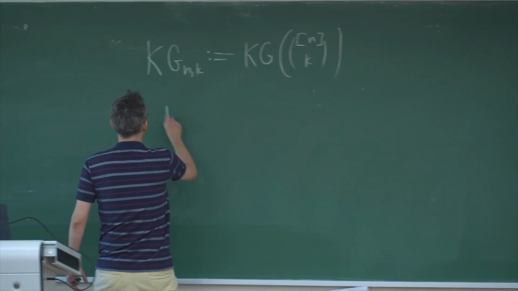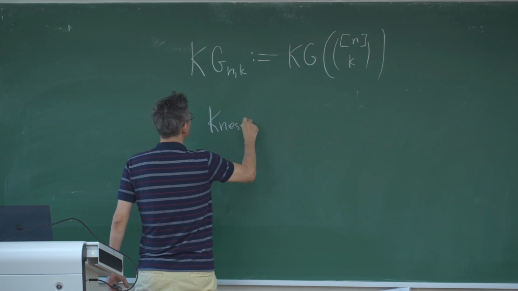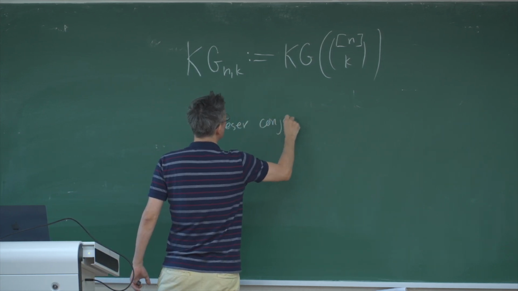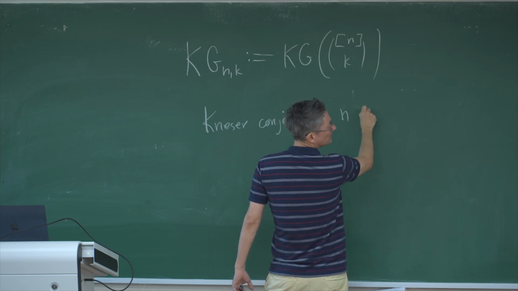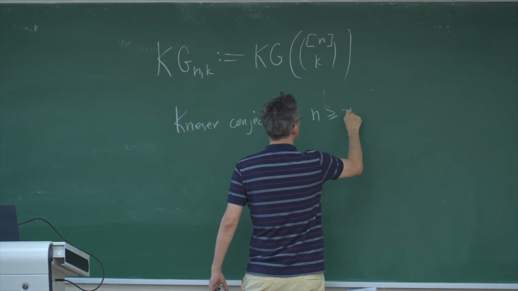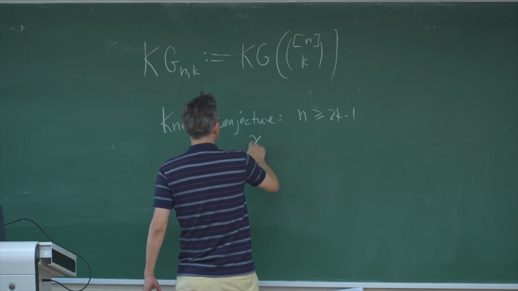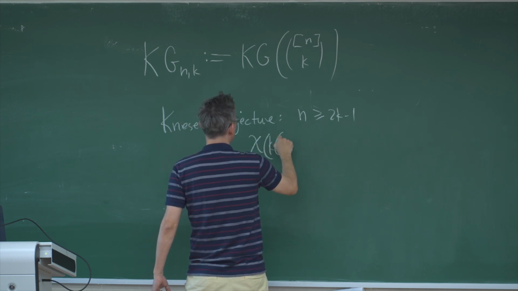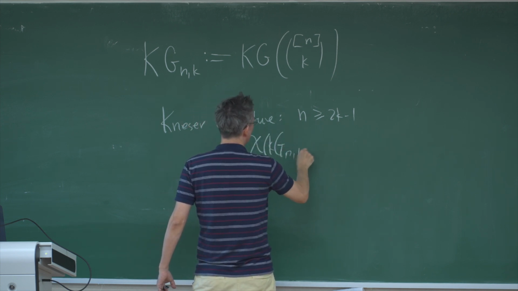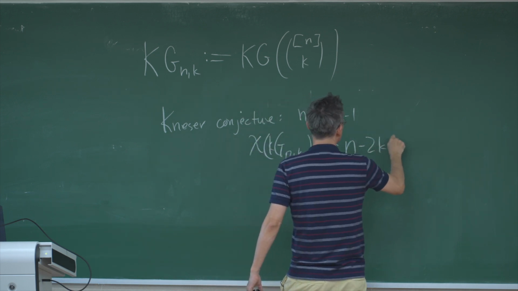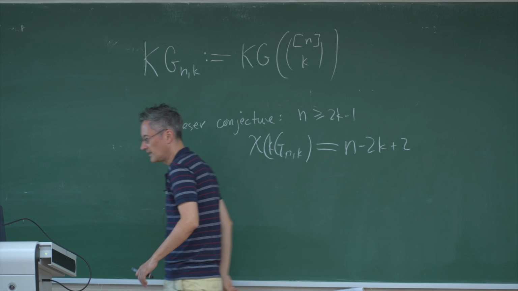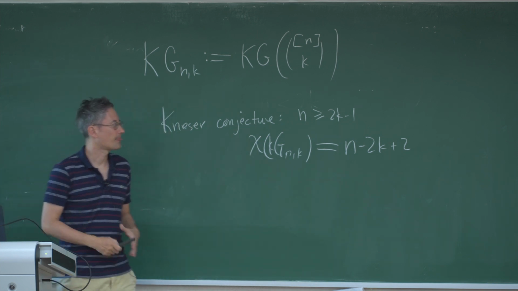So the Kneser conjecture is that for n greater or equal to 2k minus 1, the chromatic number of KG(n,k) equals n minus 2k plus 2.